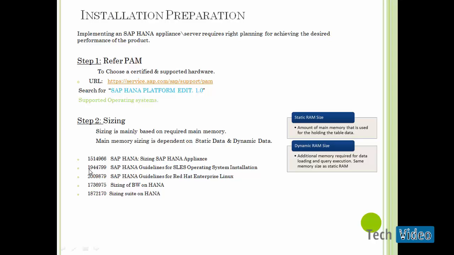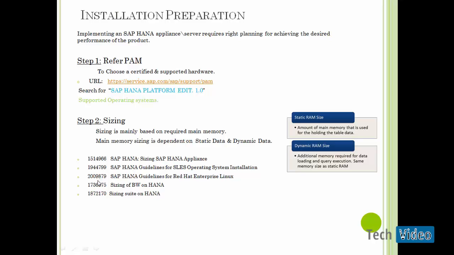And further on, SAP notes like 1944799 explains guidelines for SUSE operating system installation. So for SAP HANA installation point of view, how SUSE Linux operating system must be sized is explained in this.